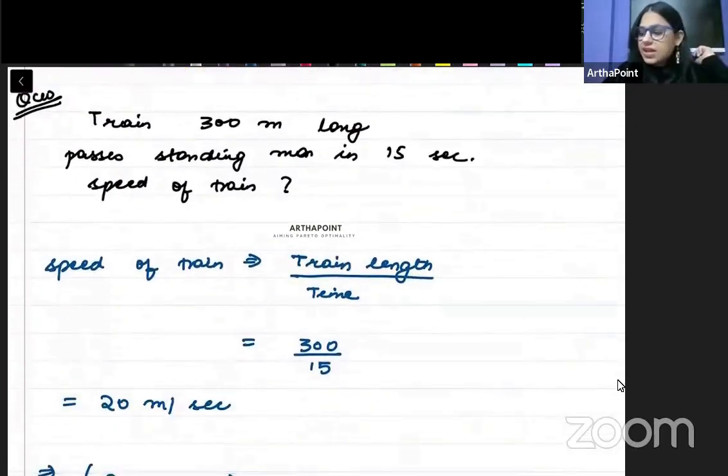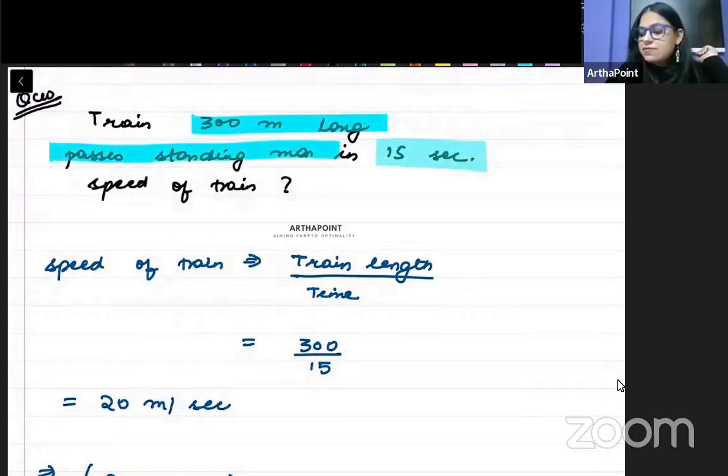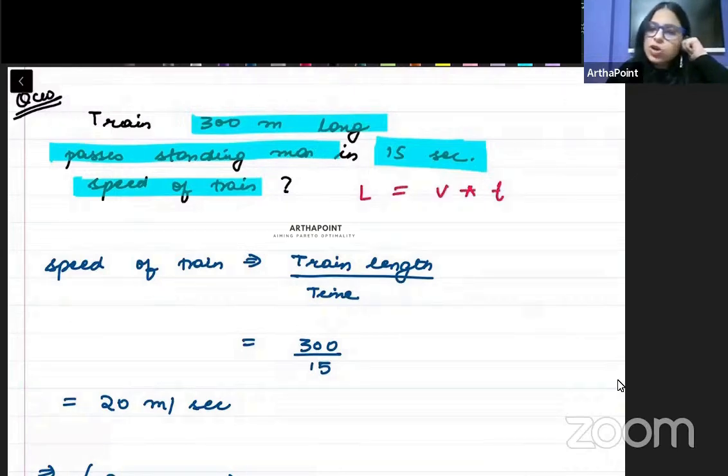Come to the next question. It says there is a train which is 300 meter long and it is passing a standing man in 15 seconds. Find the speed of the train. Again, we know that the length is equal to velocity into time. So the speed of the train will be length divided by time.